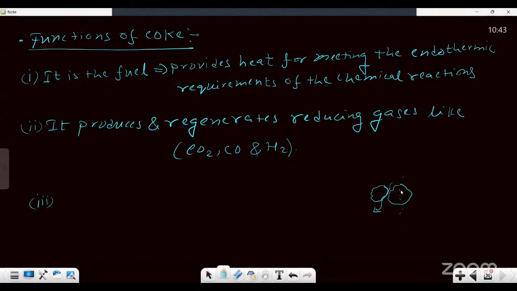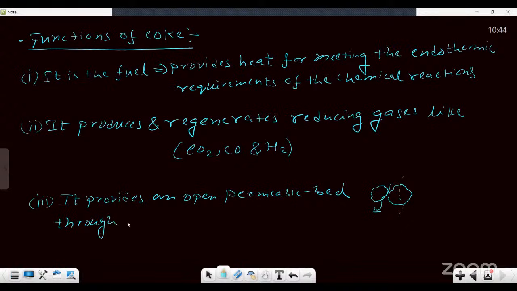So you can write this point like: it provides an open permeable bed through which slag and metal pass down.